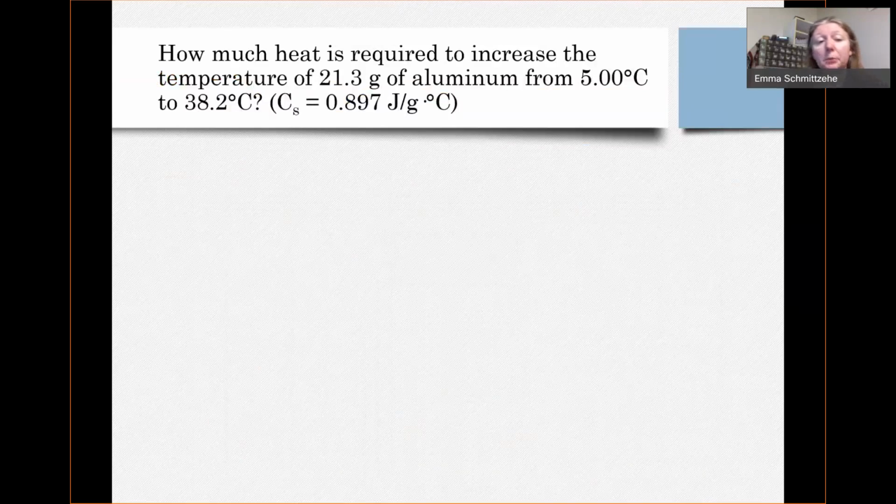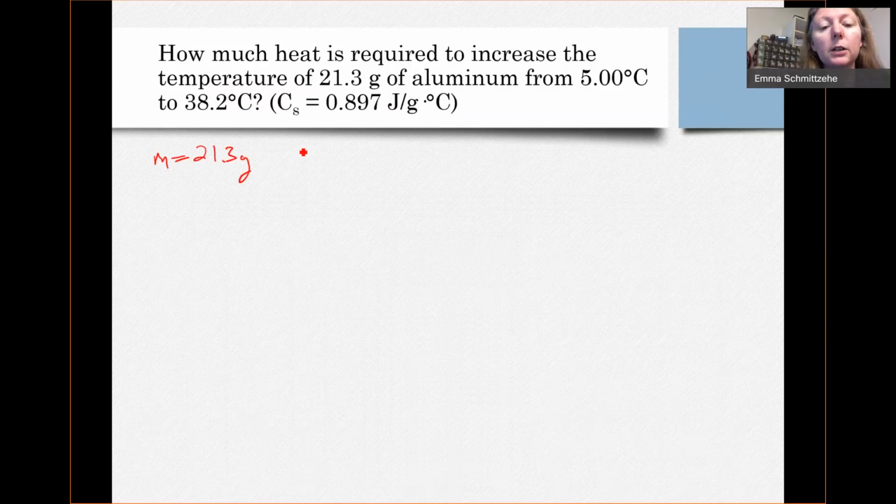Let's do some examples. So this first one says how much heat is required to increase the temperature of 21.3 grams of aluminum from 5.00 degrees C to 38.2 degrees C. And I give you the specific heat as 0.897 joules per gram degrees C. So I'm just going to rewrite these values and label them. So we have a mass, it's 21.3 grams.